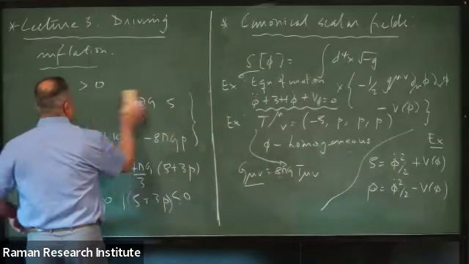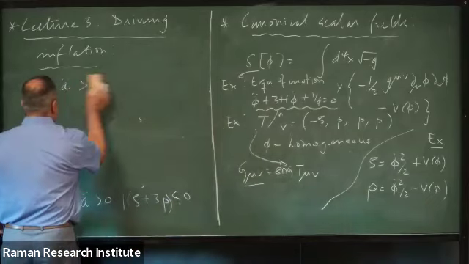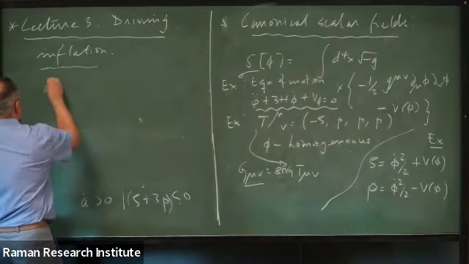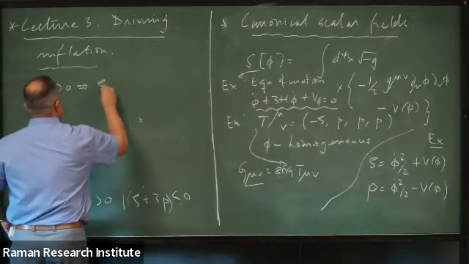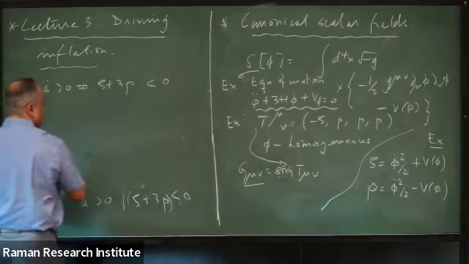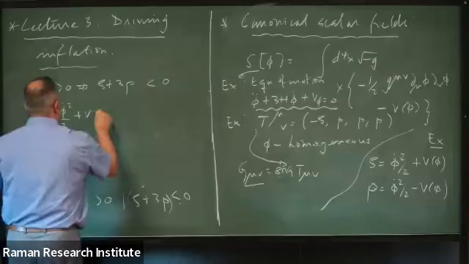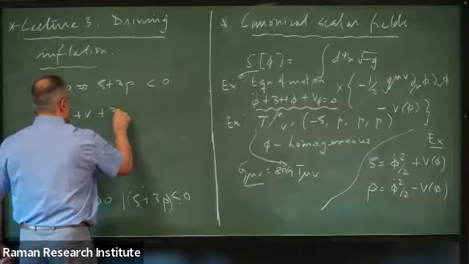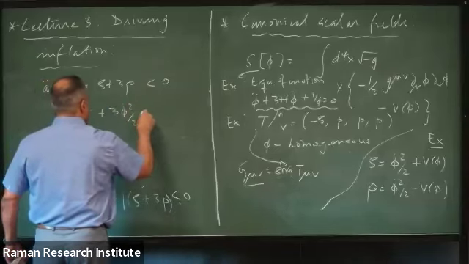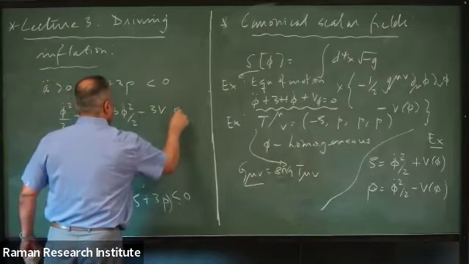And what do we want? We want inflation. We want a double dot greater than 0, which implies rho plus 3P less than 0. So we just saw that a double dot greater than 0 implies rho plus 3P less than 0. So what does it imply? Phi dot squared by 2 plus V plus 3 phi dot squared by 2 minus 3V less than 0.